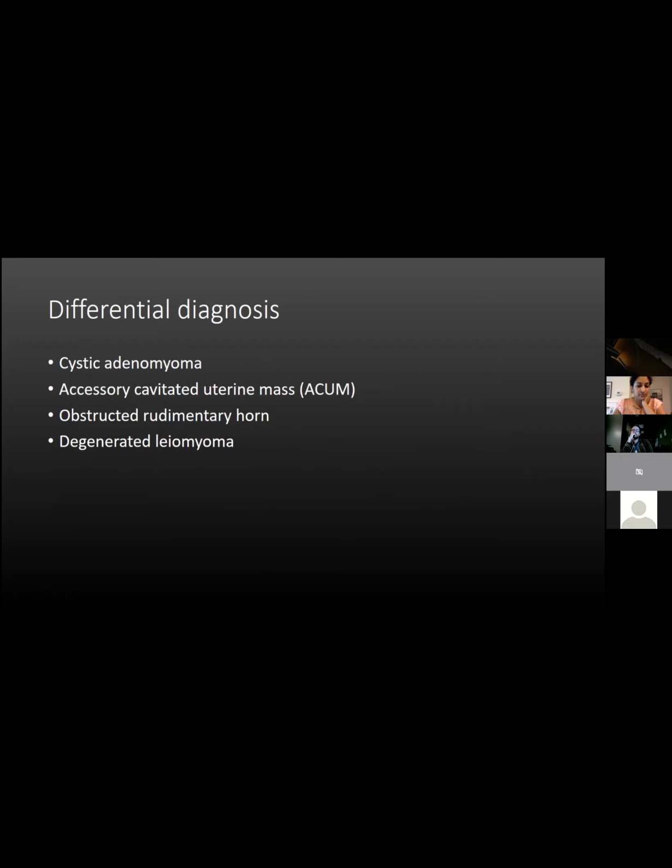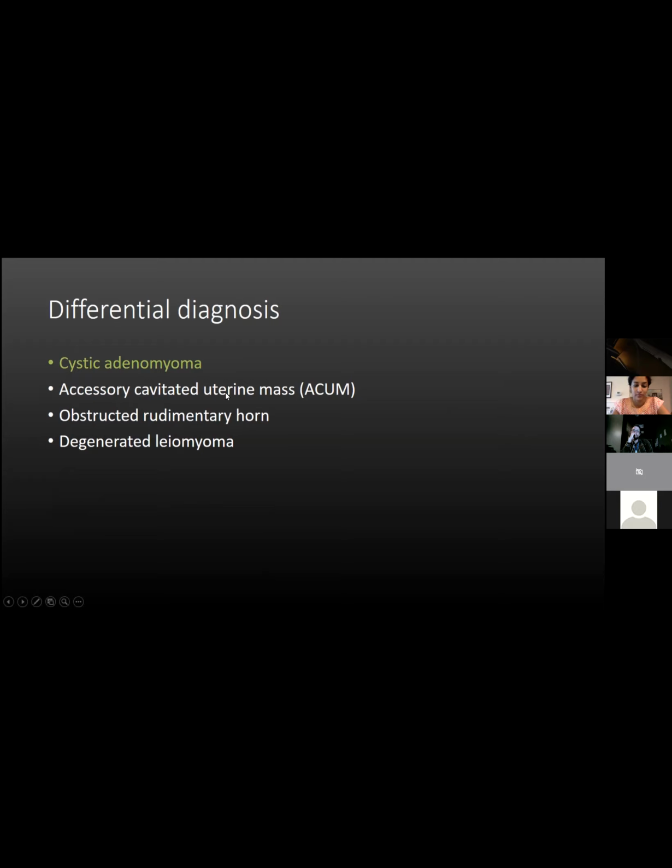We went through the literature, and based on OB literature, there is a diagnostic criterion for this ACUM, accessory cavitated uterine mass, that there has to be no evidence of pelvic endometriosis. And we know that endometriosis and adenomyosis coexist. So if there is evidence of endometriosis or adenomyosis in the pelvis, and you have such an appearance in the uterus, then it's probably not a Mullerian duct abnormality. You should favor more of a manifestation of adenomyosis or endometriosis.